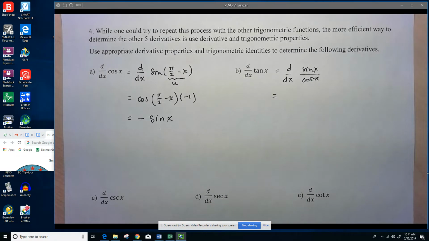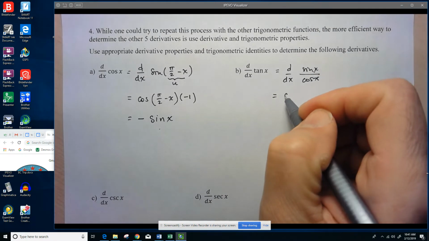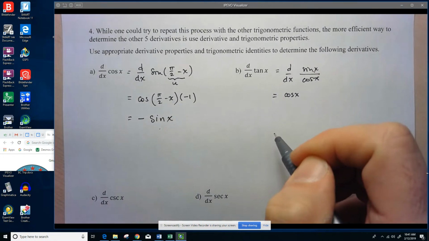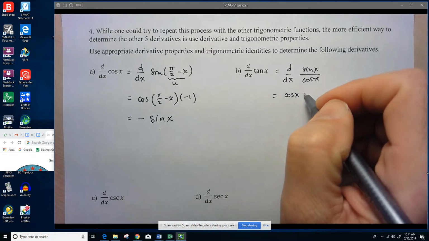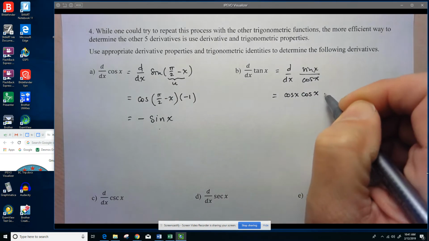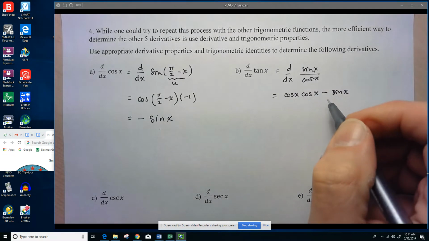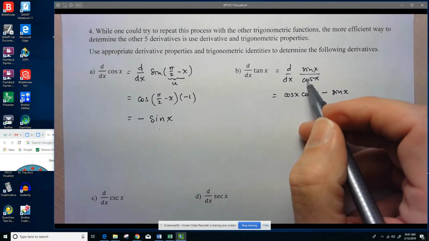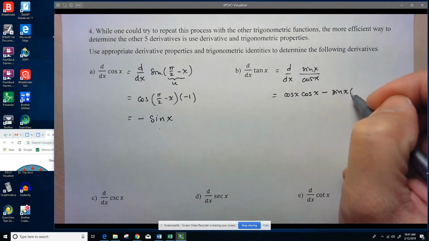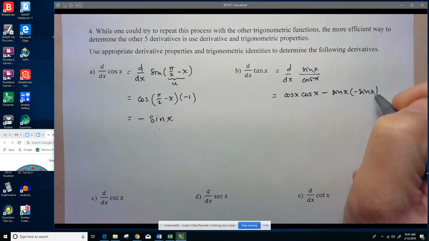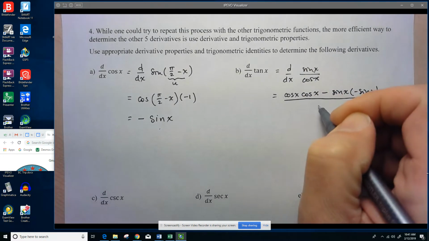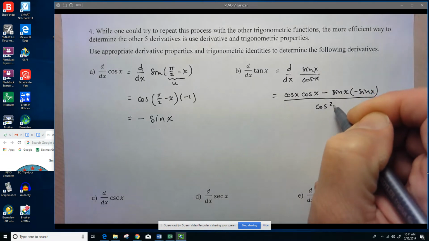The derivative of the numerator is cos x, times the denominator function, which is again just cos x, minus the numerator function times the derivative of the denominator function. We just found that the derivative of cos x is negative sine x, all over the square of the denominator.